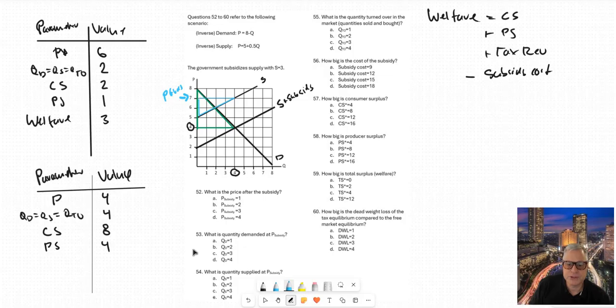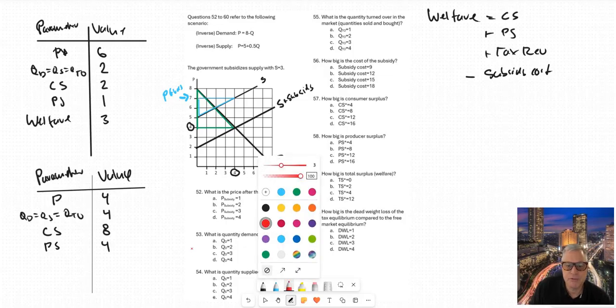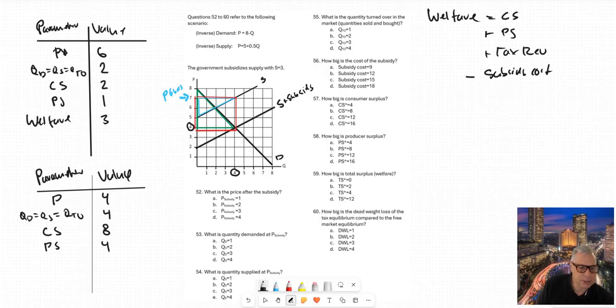But where do we see the subsidy? Well, we have 4 units being turned over in the market, and each unit turned over carries a subsidy of 3. So the total cost of the subsidy is this red rectangle, and this is 4 times 3, so the total cost of the subsidy is 12.